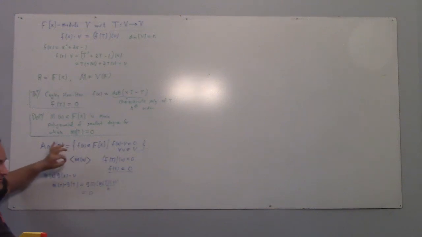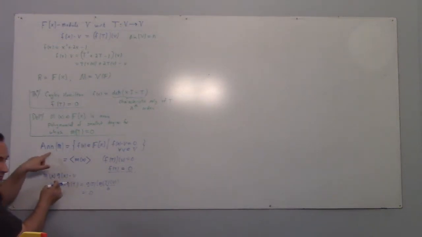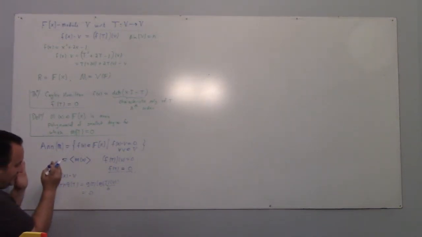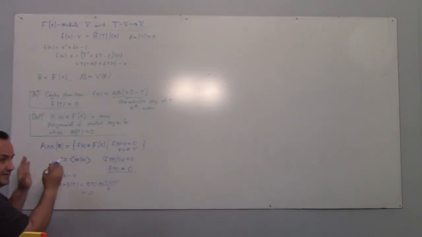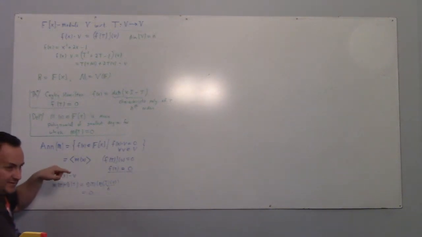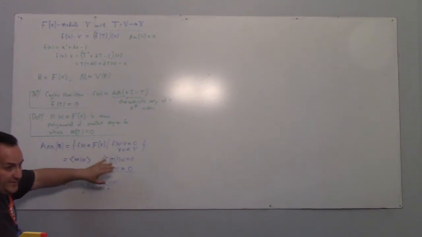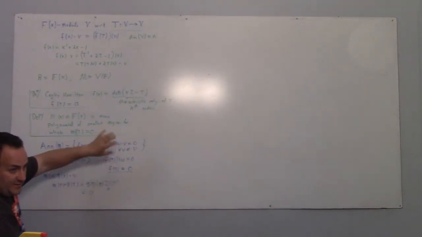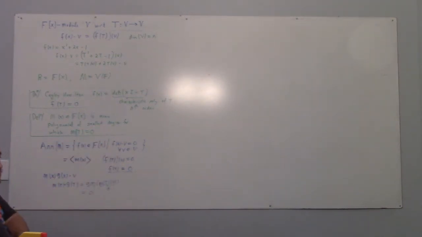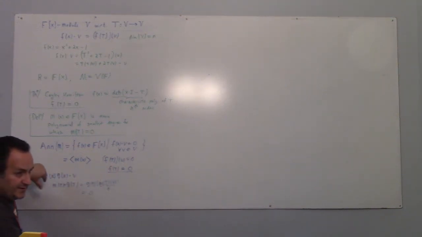The ideal generated by a sub m is the annihilator ideal. In a1 divides a2 divides up to a sub m, it is the last invariant factor, and all of the invariant factors that came before it have to divide it.